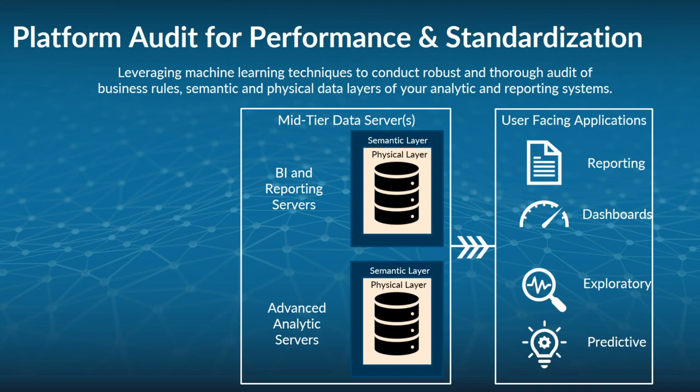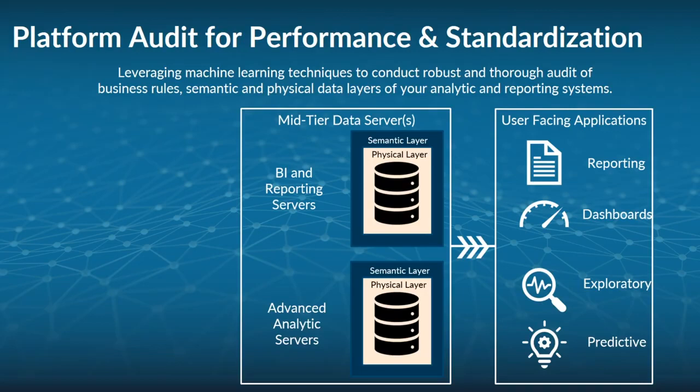One is more like a BI reporting type of server farm that's used, maybe it's a BobJ or a Cognos or whatever. The other one, a common one that we run into anyway, is an analytic farm. It could be SAS, it could be an SPSS set of servers, it could be any number of different analytic type of applications that require their own server to support their data processing.